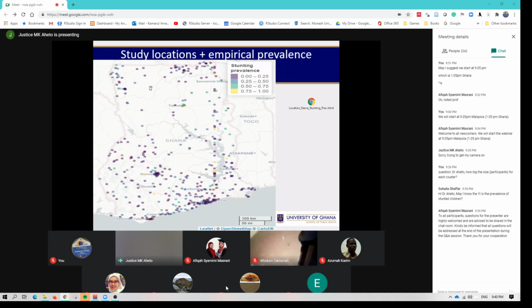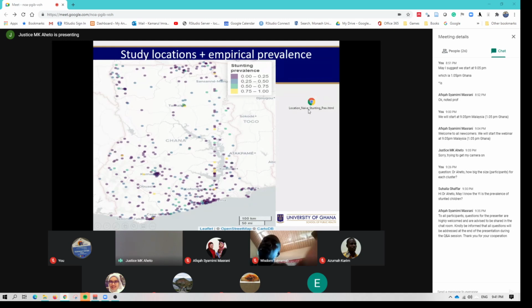As I said earlier, each of these circles could represent several communities combined or a district or something. So we need to develop a process where we can go down and look at this. That is why you can see a Google icon.